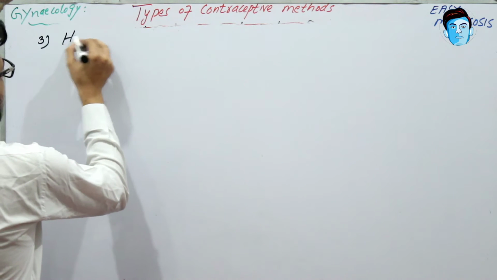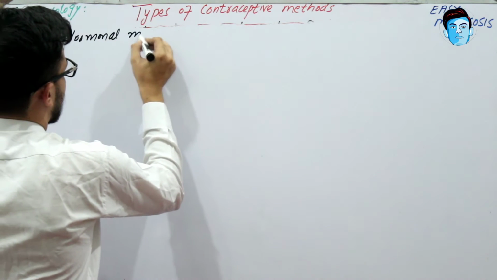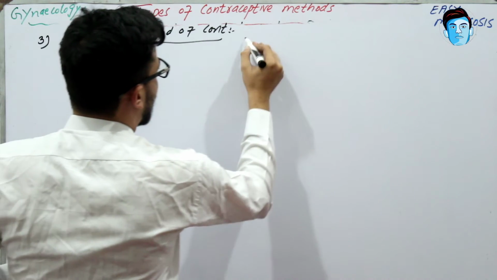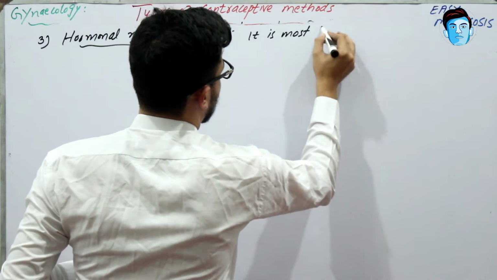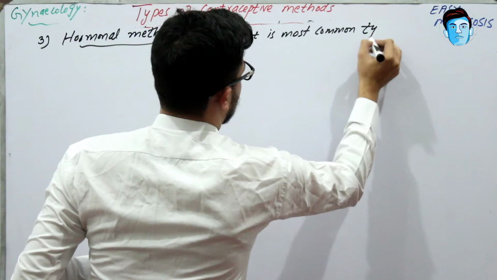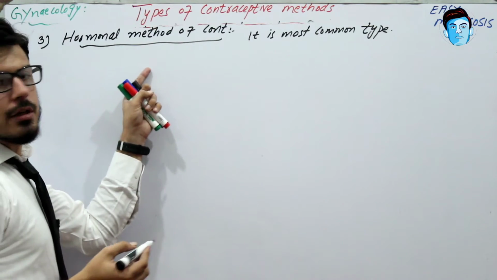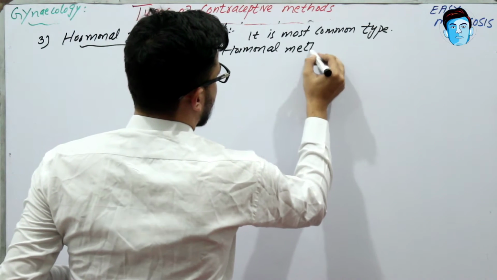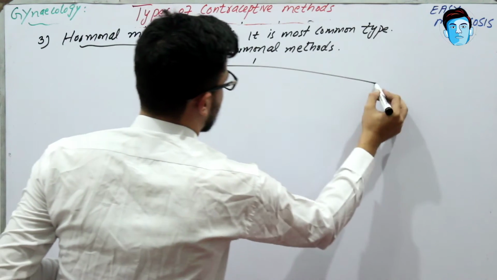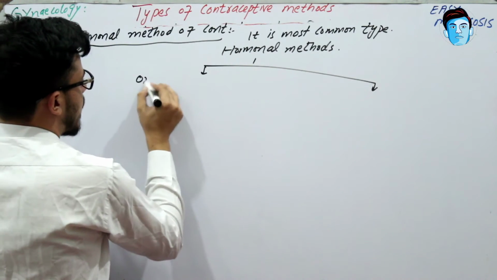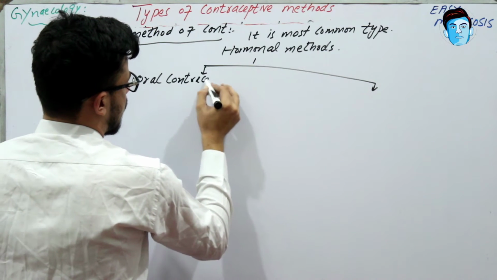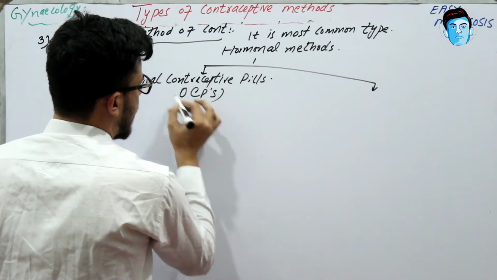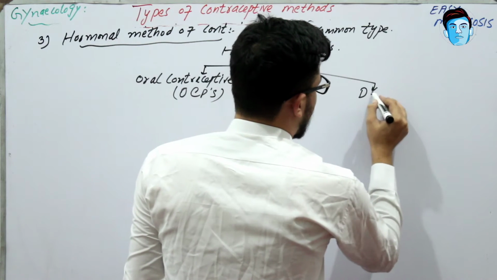The hormonal method is divided into two types: oral contraceptive pills, also known as OCPs, and depot preparations.